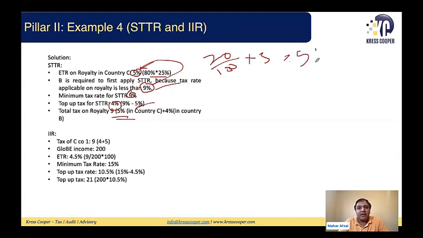So this is the actual tax rate. How is this 5% coming? Royalty income which is subject to tax is 80% into 25%, which is 5%.